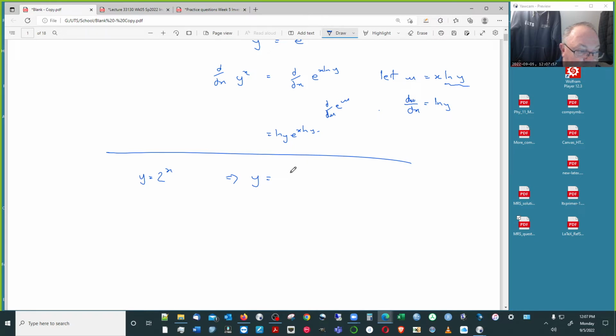So we'd have 2 to the power log base 2 of y. No, sorry, that's got to be a number 2 and that's got to be base 2. So that's x up there: 2 to the power x. 2 undoes log 2, so that's a tick.